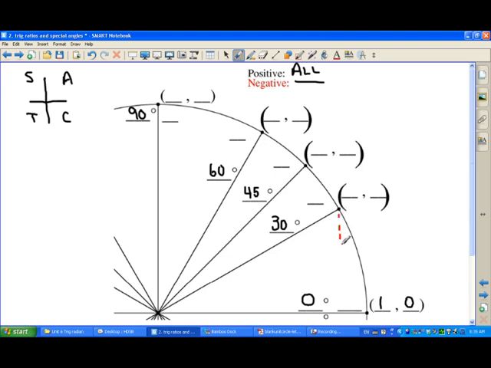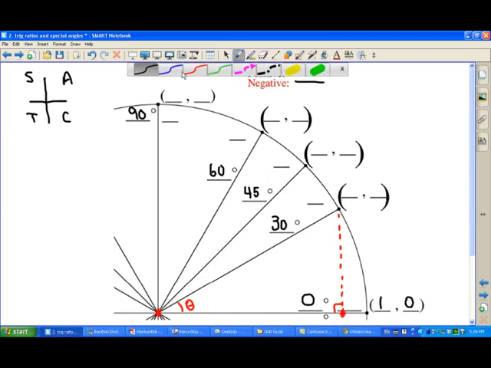So I can imagine with my 30-degree angle dropping a line from that point down to the x-axis and making a right angle. So now that we've dropped this line and created this right angle triangle, we have a triangle whose hypotenuse is 1, and we need to solve for the length of either two sides.